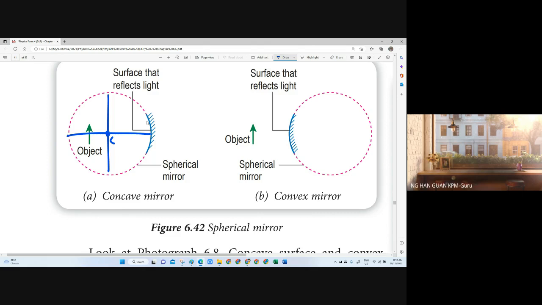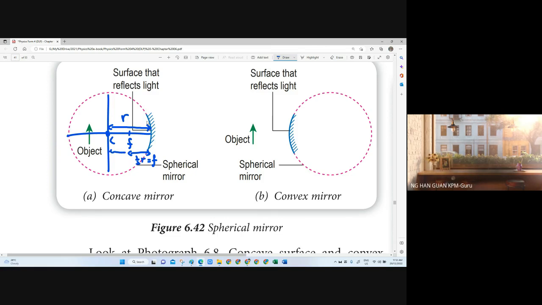And then from the C towards the surface of the mirror, this is the radius. Half of the radius is where the focus point is located. So half of the radius is the focal length.